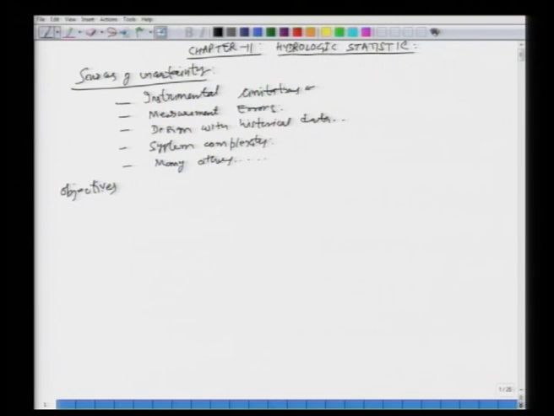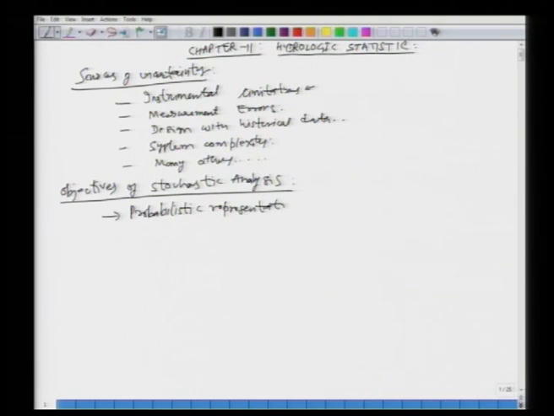The objectives of stochastic analysis. There are mainly two objectives, and the first one is the probabilistic representation of hydrologic process.